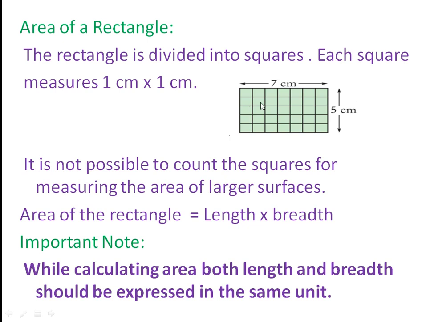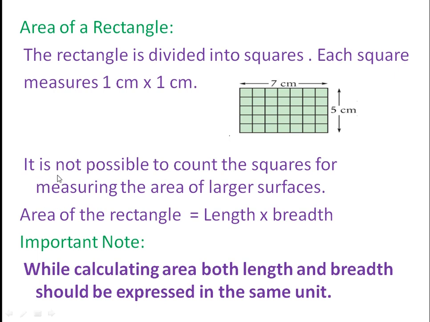We can count the squares on small surfaces, but some surfaces are too large. At that time we can't count the squares. Then what should we do? Therefore we should use a formula for larger surfaces. What is the formula for the area of a rectangle?